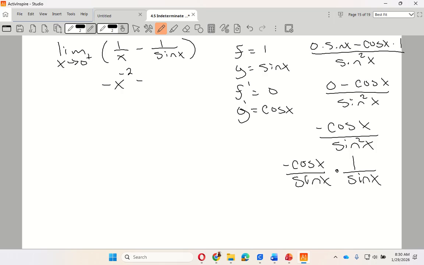Cosine over sine. What is cosine over sine? That's cotangent. So it's a negative cotangent times 1 over sine. Isn't that sine squared? Isn't that just sine times sine? Okay, so both of these are correct.